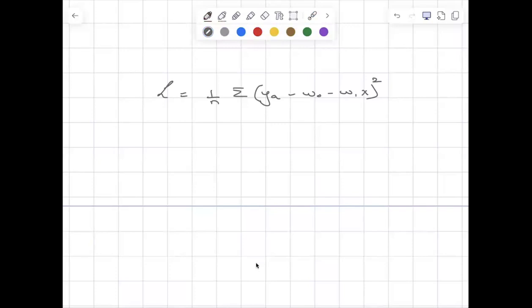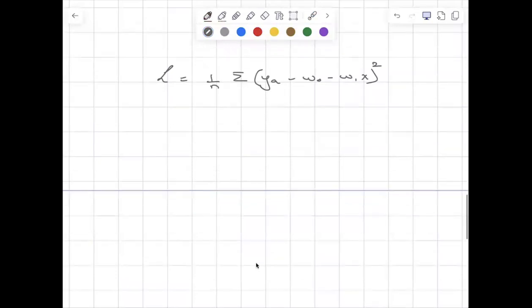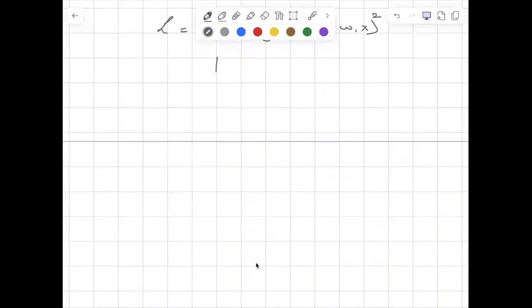So if I want to visualize it, I would have to create a 3D plot where I have w0 and w1 on the two axes and the loss function on the third axis, right? So it's going to be a three-dimensional plot. And what I'm going to get is some kind of surface, and I want to understand what that surface looks like.